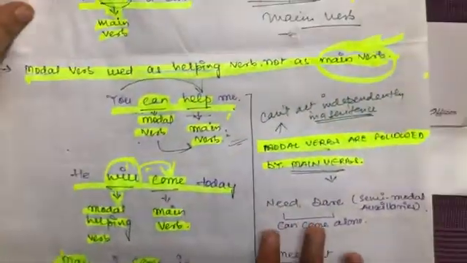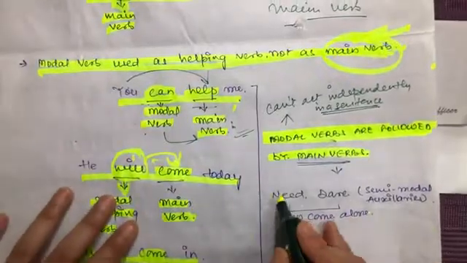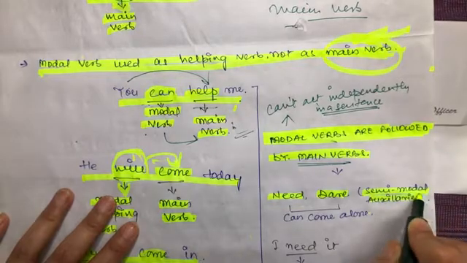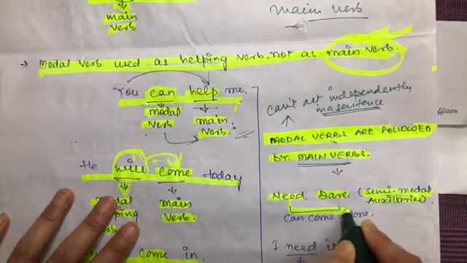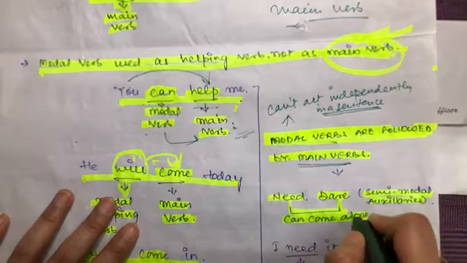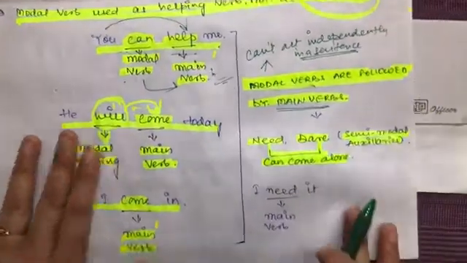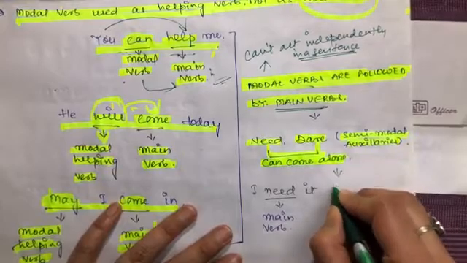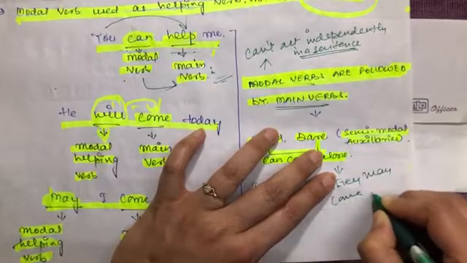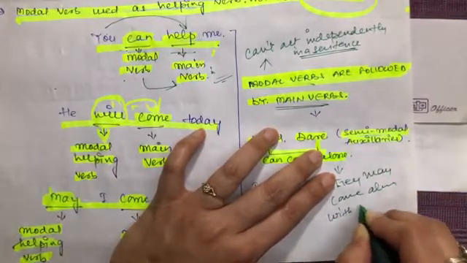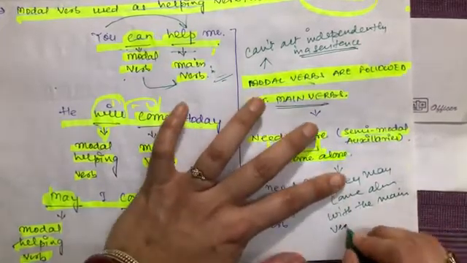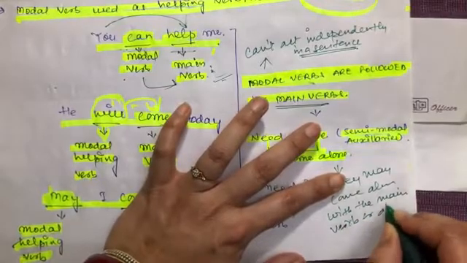There is an exception with the modals need and dare. These are basically known as semi-modal auxiliaries. Why semi-modal? Semi-modal because they can come alone in a sentence. They may come along with the main verb or alone.